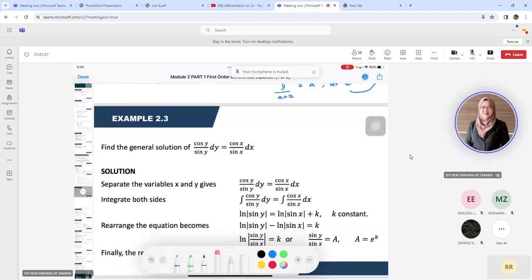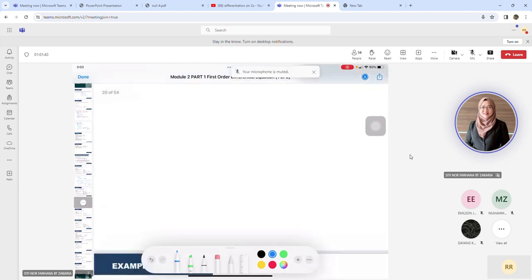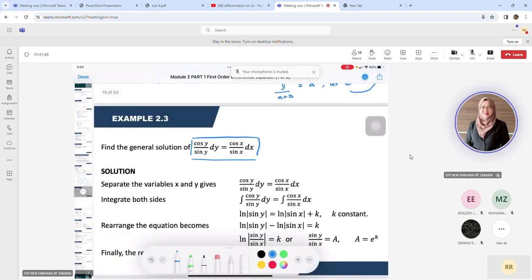This is DE first order. If you rearrange it back, it will indeed become a first order DE. Okay. So they want you to find general solution. First step you need to do is to prove that this is a separable equation. Okay, is it separable or not?